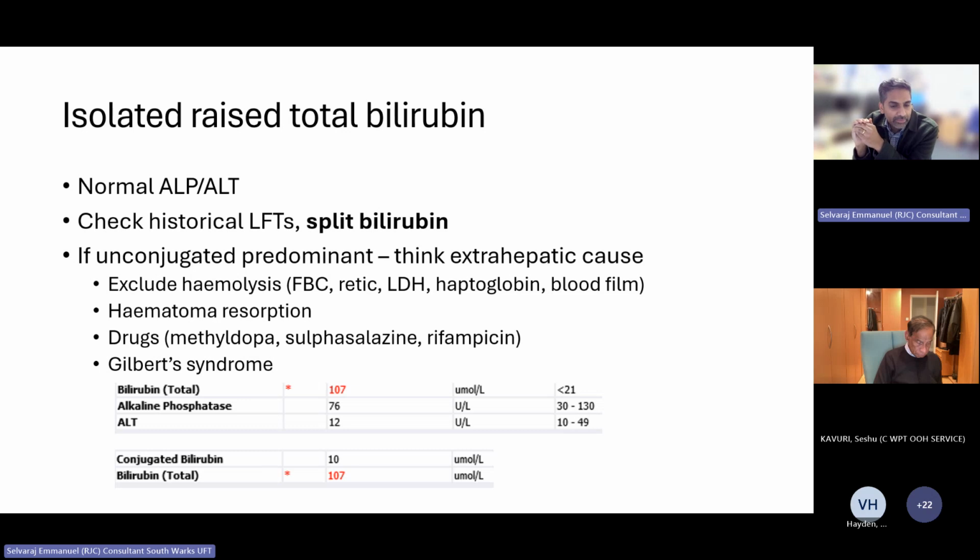When we did her full blood count, her hemoglobin was slightly low and her haptoglobin was slightly low. She ended up having hereditary spherocytosis, so we referred her to the hematologist in the end, because this level of bilirubin is too high for Gilbert syndrome.